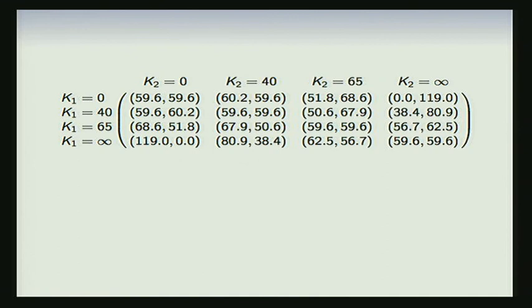The values of this matrix were obtained by using simulation, which I showed you earlier, but it can be obtained by other analytical measures. And we can read this off as follows. So if hospital 1 chooses a maximum capacity of infinity, and hospital 2 chooses a maximum capacity of 0, then we're here, and hospital 1 needs to treat 119 patients, and hospital 2 doesn't treat any patients.